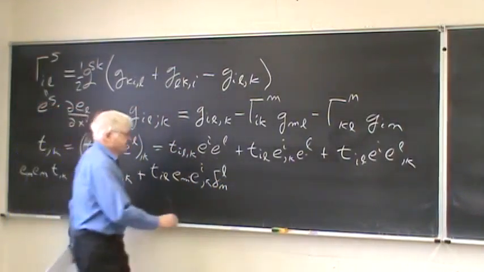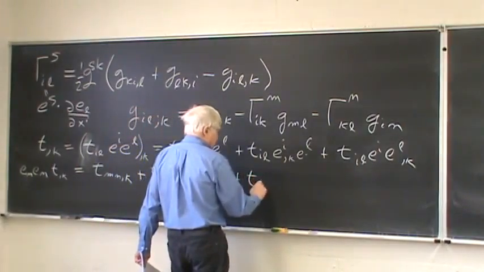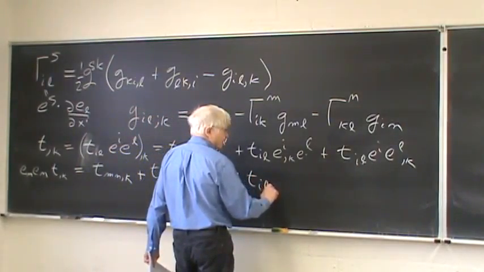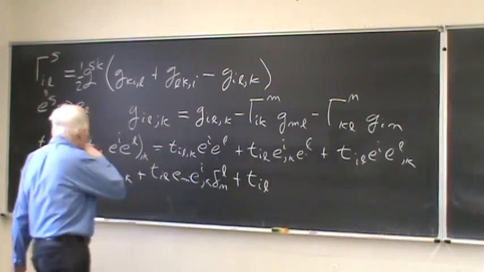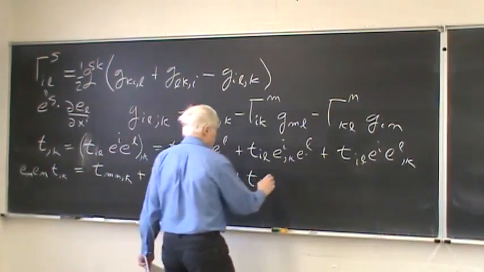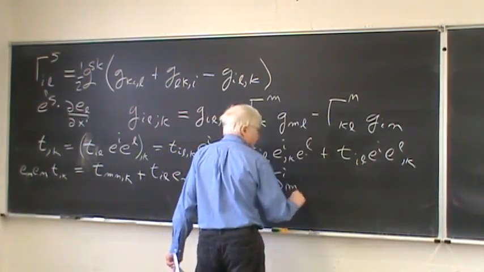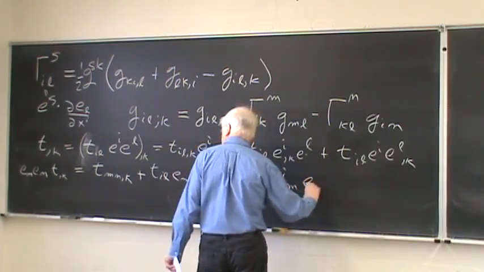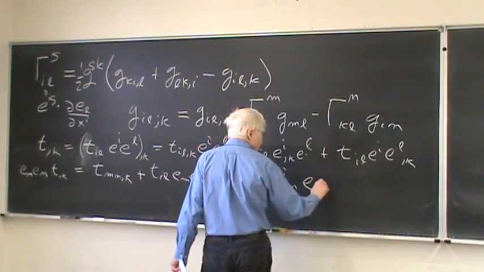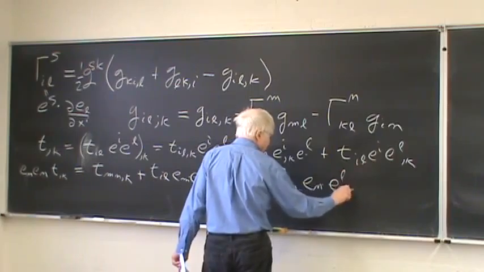The next term is T_{il}, with delta^i_m, and then e_n dotted into e^l_{,k}.